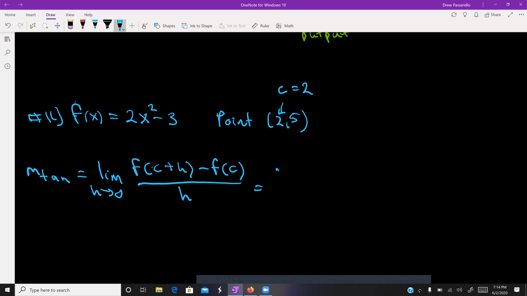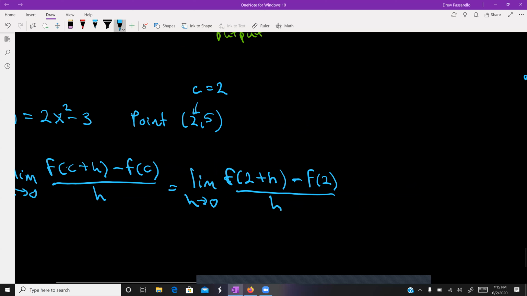So this will be the limit as h goes to 0, plugging in 2 for c. That's f of 2 plus h minus f of 2, divided by h. They give us the y-coordinate of the point.